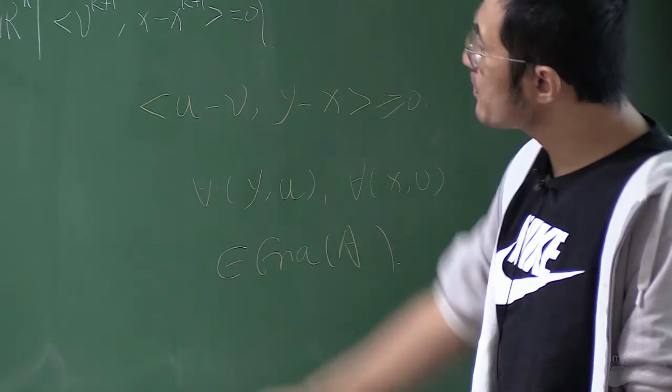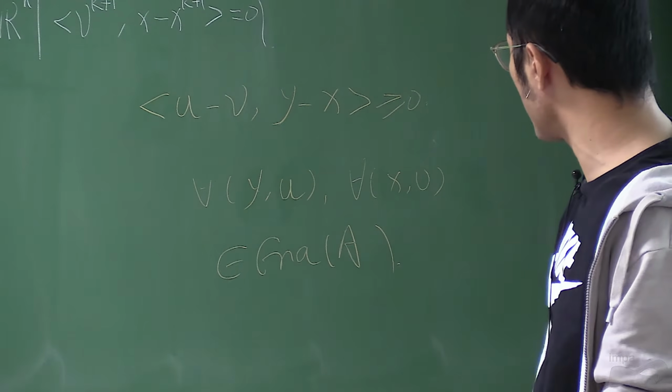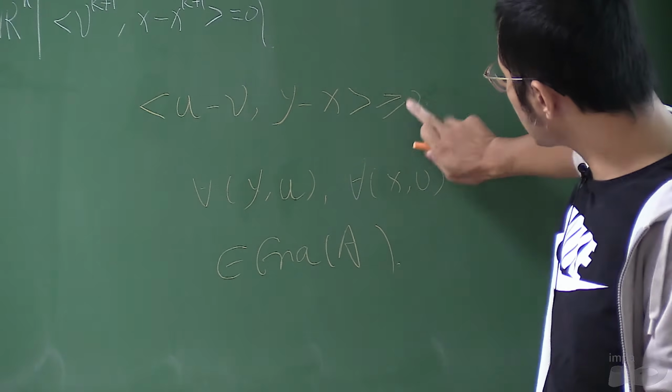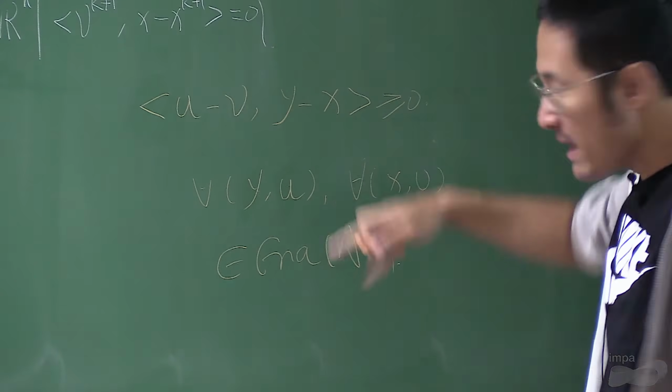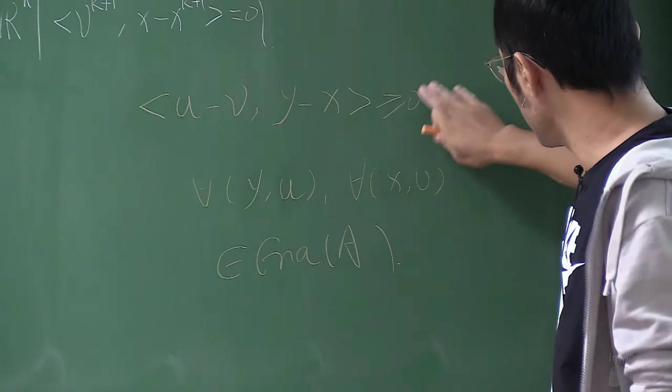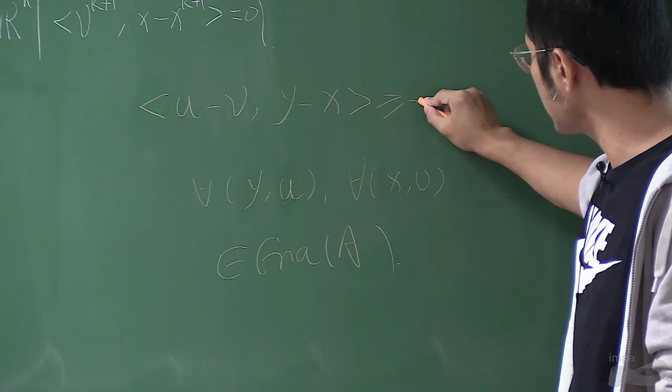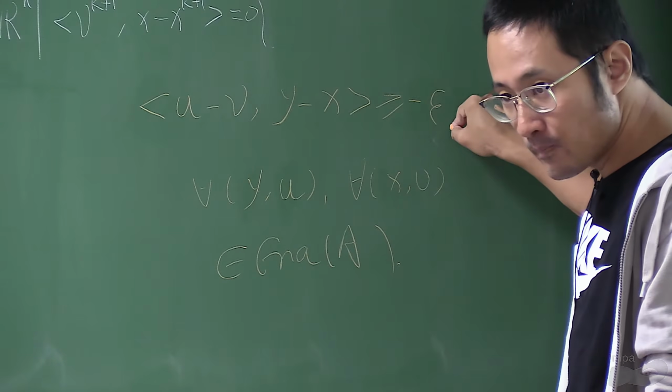The enlargement of the maximal monotone operator means that instead of greater than 0, we make the set bigger, so it's greater than minus epsilon.